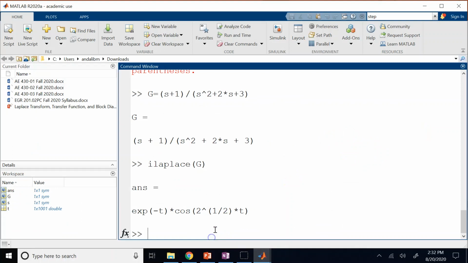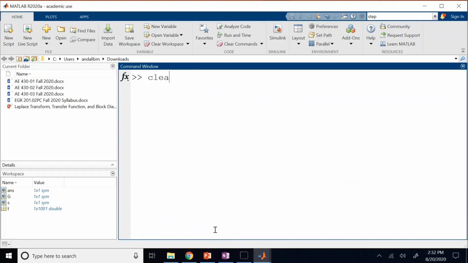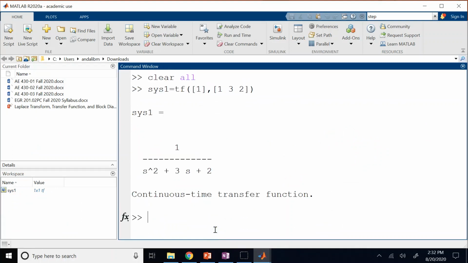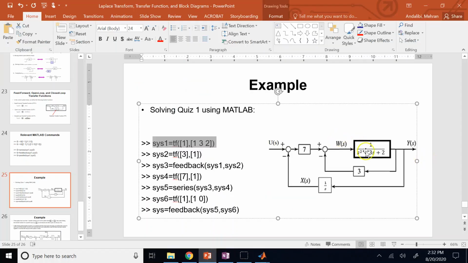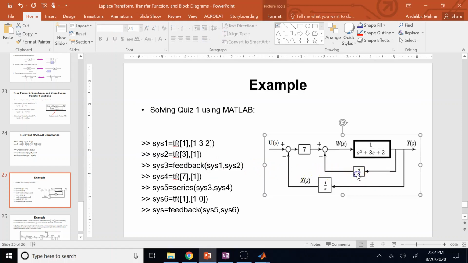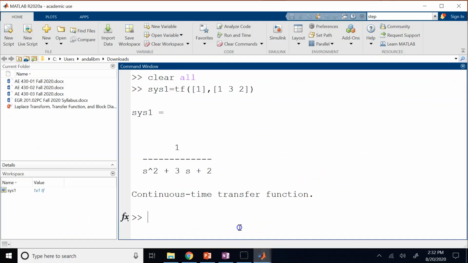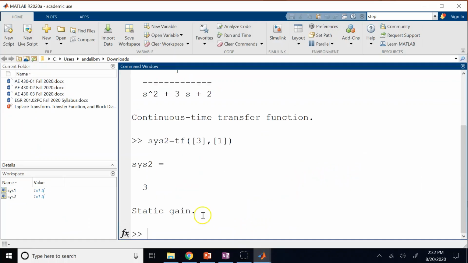So look. First, I make this transfer function, just like that. Now this block is just 3 and 1: the numerator is 3, the denominator is 1, 3 over 1. That's system 2. So system 2 is just a static gain of 3.